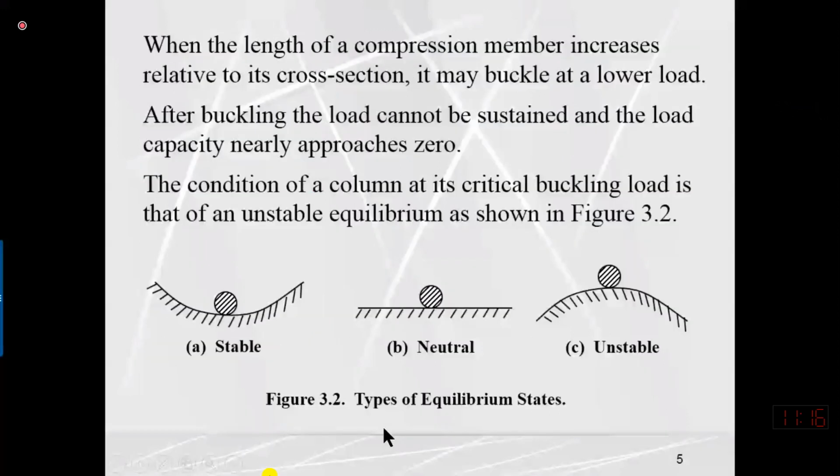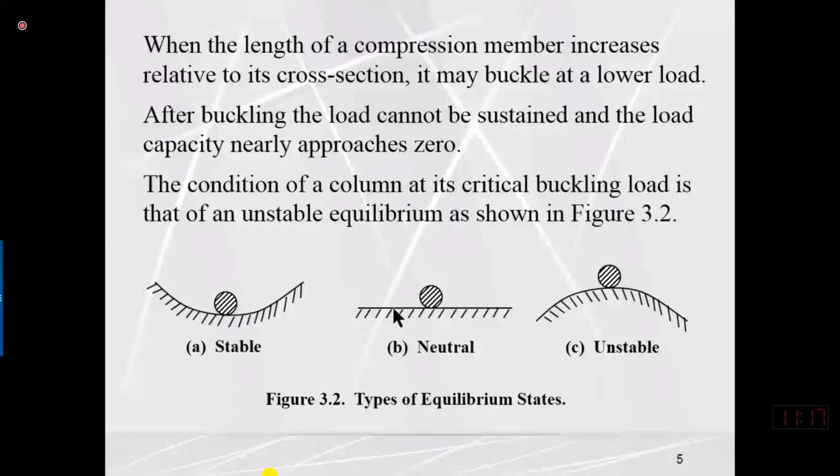So here we have a metaphorical example just to explain the equilibrium condition. I told you that in an axially loaded member, if we apply the load and keep on increasing the load, the member remains straight until I approach a particular load value.